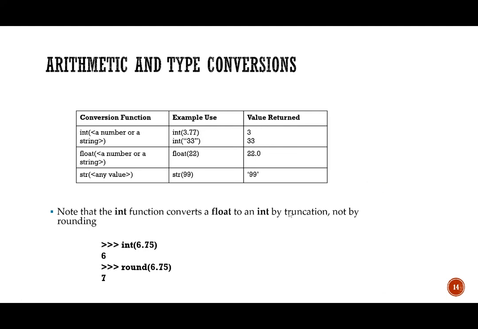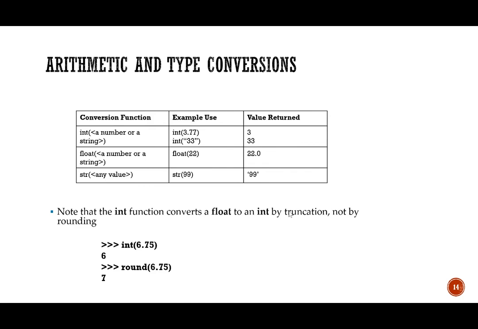Now, conversion functions. Let's say we want to make a number an integer. So we use int, and if you remember, this is one of the data types. So int of 3.77, then the result will be 3. It drops the fractional values.